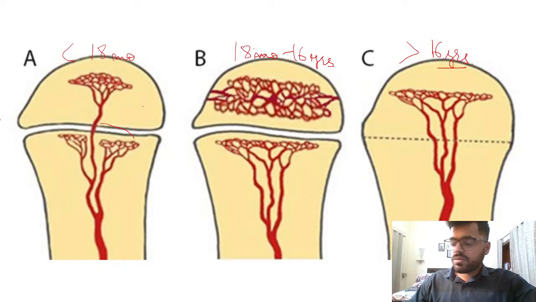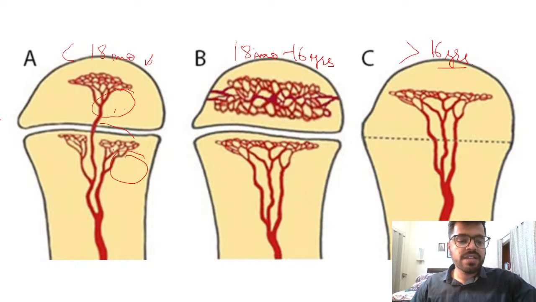So what are we trying to say here? In a child less than 18 months, there is a connection of metaphyseal and epiphyseal vessels. So there's a chance of infection spreading to the epiphysis. If osteomyelitis occurs here, it has a chance of going into the epiphyseal region.